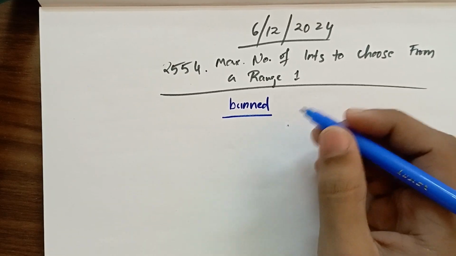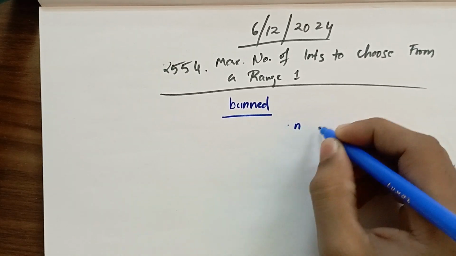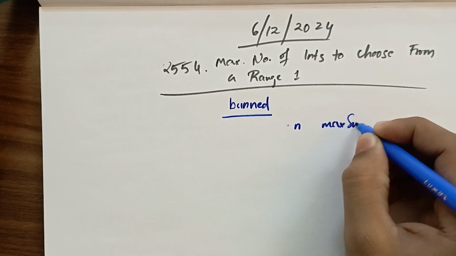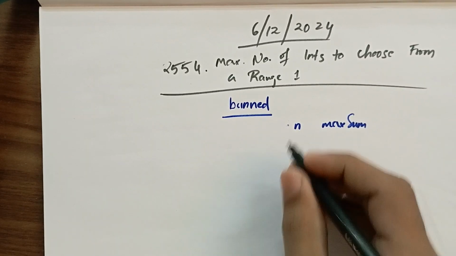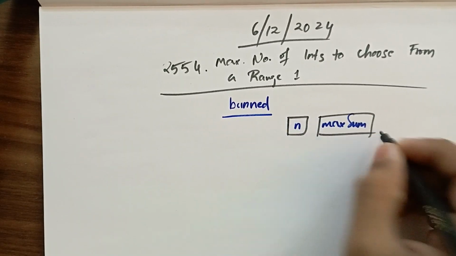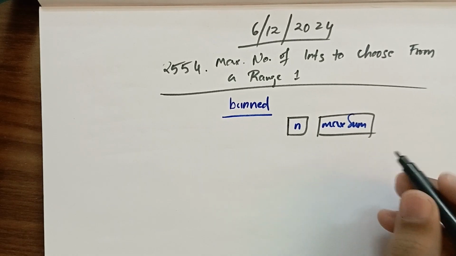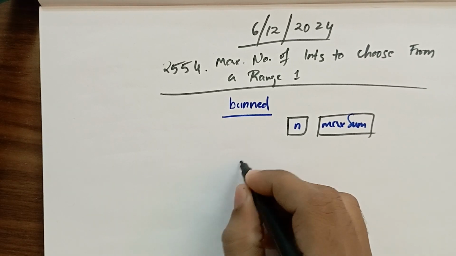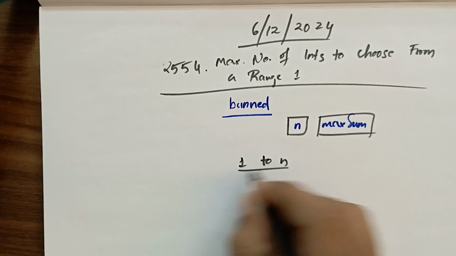And we are given with two integers n and maximum sum. So the condition is we need to consider the integers from the range 1 to n.